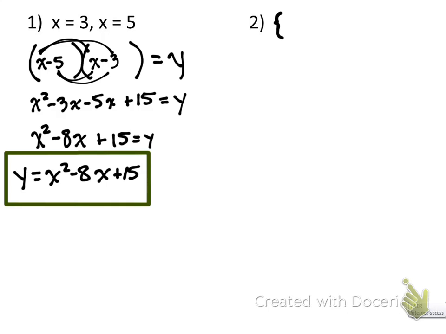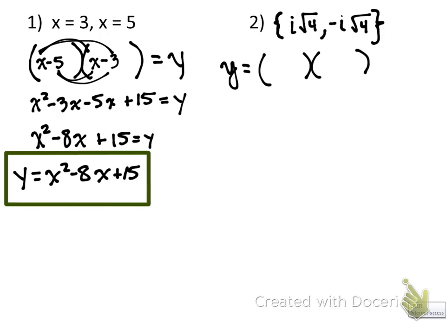Let's say our set said positive i rad 4 and negative i rad 4. Okay, same thing, you start with y is equal to, do 2 binomials being multiplied, and then you start with x minus i rad 4 and x plus i rad 4.